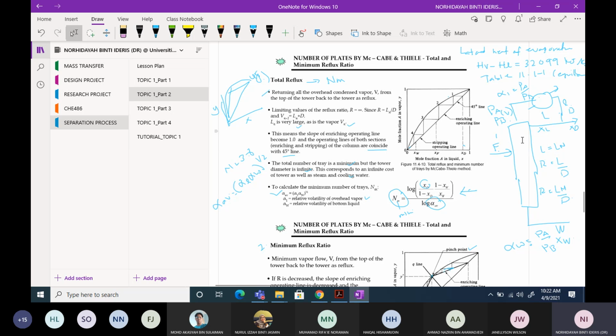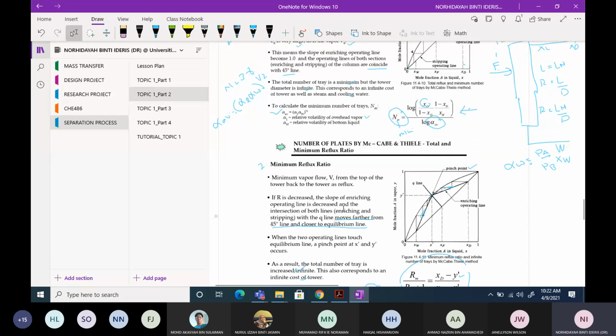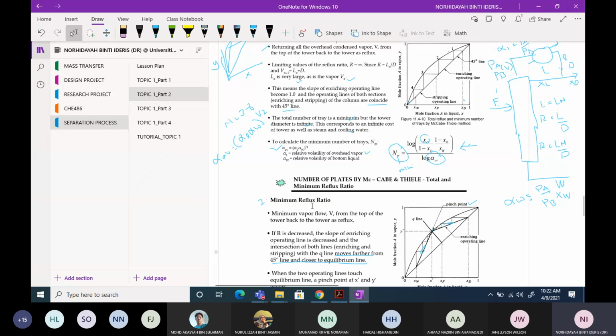Only a minimum vapor flow from the top of the tower, which changes into liquid, will go back as reflux. So you can see that case number 2 is somehow favorable, because we want to recover the product by using the distillation column. Getting as much product as possible from this distillate stream is desired.